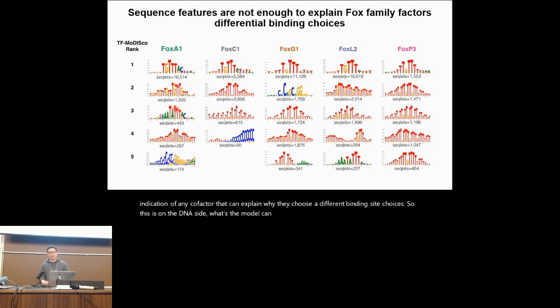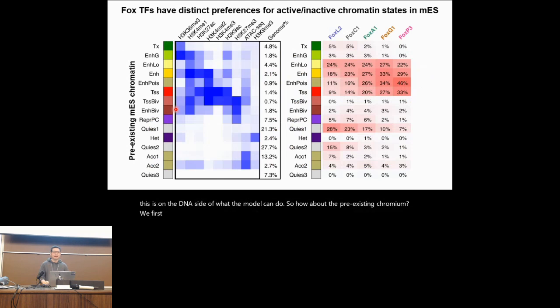So how about the pre-existing chromatin? We first select histone modifications and ATAC-seq signal to run a ChromHMM on all the histone and chromatin information to get the chromatin state information, and overlap these chromatin states with all 5 Fox family factors to get an overview of the association between the chromatin information and the Fox family factors.